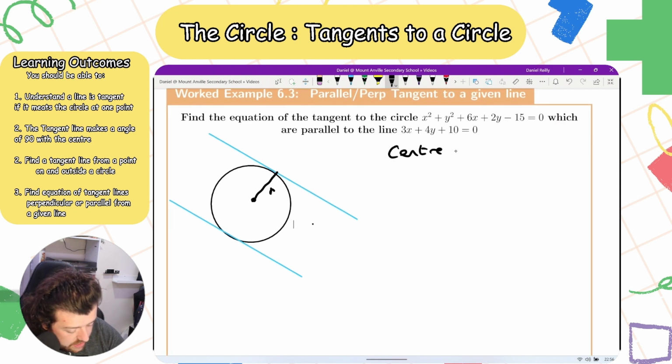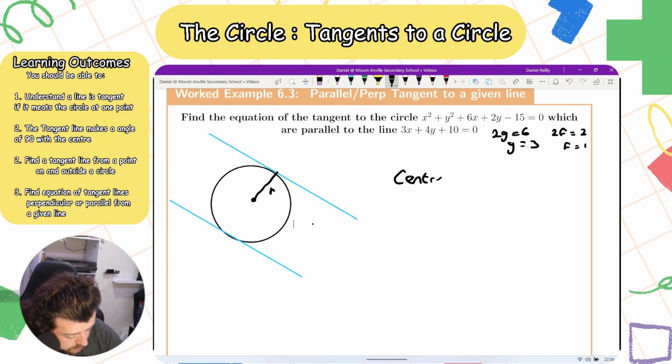So my center of this circle is going to be, well, if 6x is here, 2g is equal to 6, g is equal to 3, 2f is equal to 2, f is equal to 1. So my center point is equal to minus 3, minus 1. And then c here is equal to minus 15.